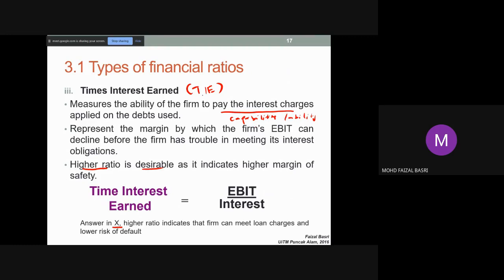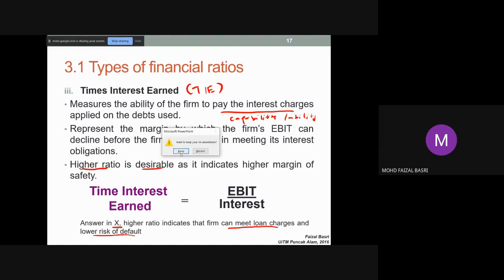And this can also be used to determine whether this company has the ability to take on new debts if they want to. So the higher the ratio indicates the firm can meet loan charges, and when they can meet the loan charges, obviously they have a lower risk of default. Default, if you remember, is non-payment of loans.